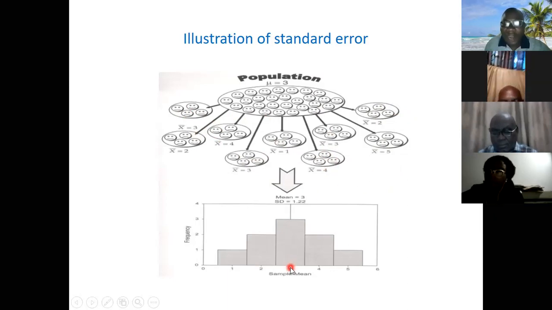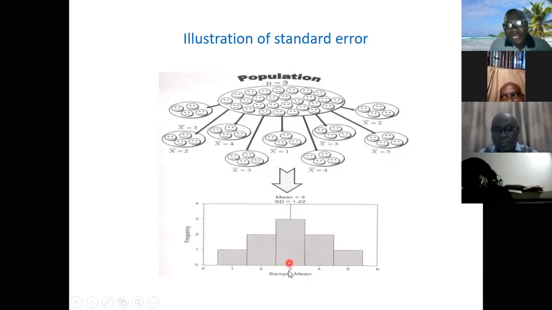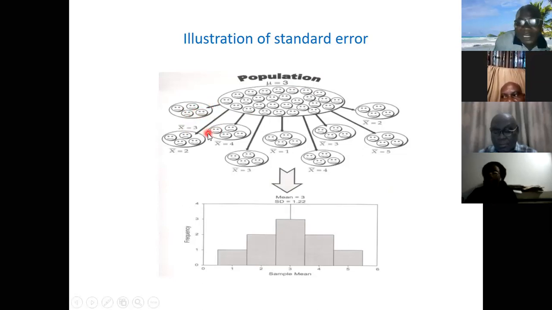So can you see, the average now is 3, and the value of the average in the population is 3. It's just illustrating the logic behind the sampling distribution and the standard error. If you now look at the standard deviation, removing the mean of 3 from each of them and calculating, it will give you 1.22.